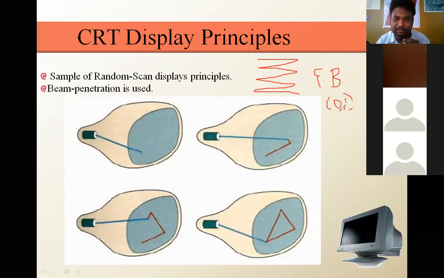Where we want the picture to be highlighted, it will take the data as 1, and for the remaining locations it will be 0. Here 0 means unglow and 1 means glow, so it will display. See, here I have given the example. The raster scan display goes on like this.